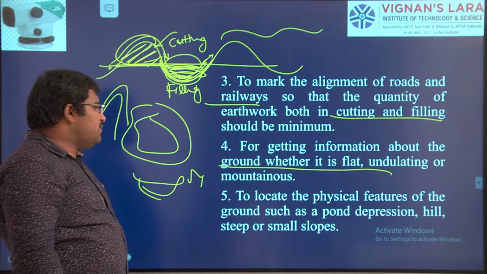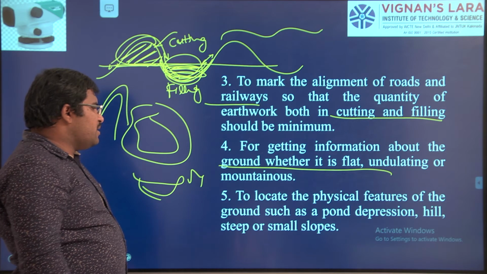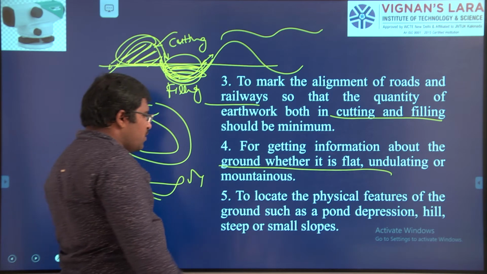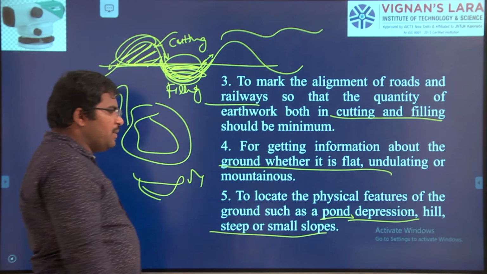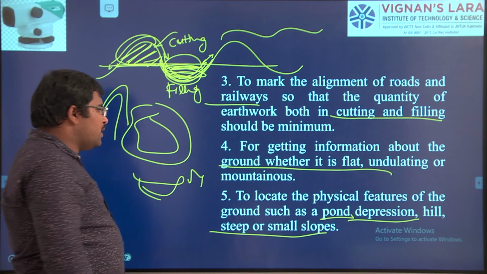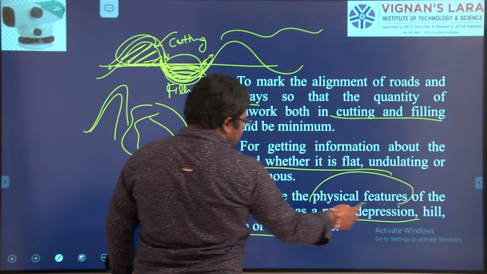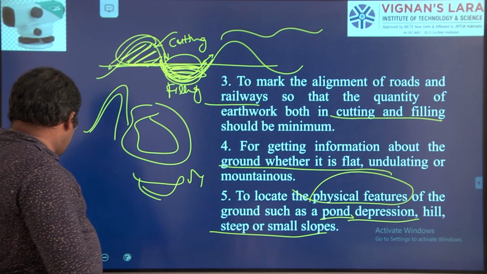To locate the physical features of the ground, such as a pond, depression, hill, and steep or small slope, we need this contouring, right?